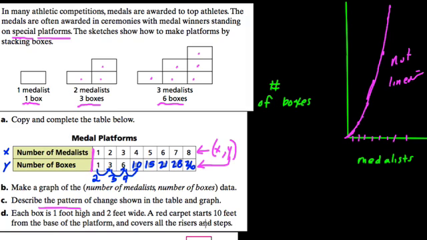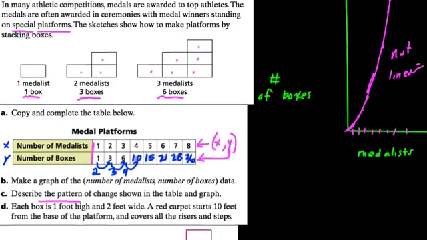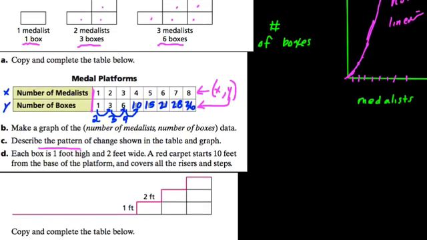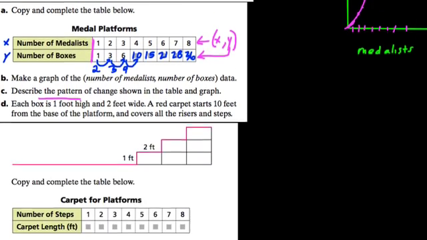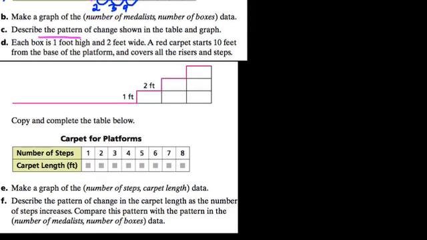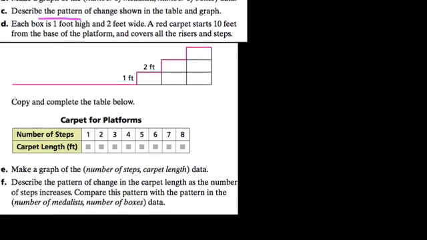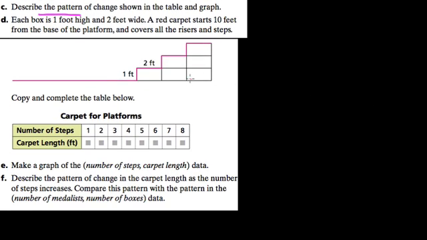It's not linear. So that's one way of looking at the medal platform, and here in part D they changed the question around, looking at the same concept though, and that's part of the richness of this question. Now we're going to observe a pattern not with the number of boxes but the amount of carpet it will take to cover the boxes, and that changes everything. So here, again, we're looking at these boxes, except now we're told that they're 1 foot high and 2 feet wide.